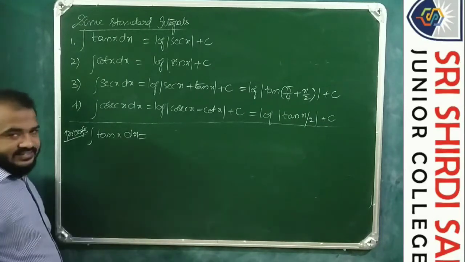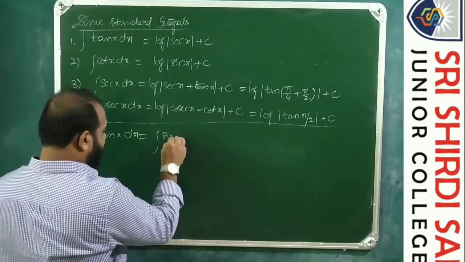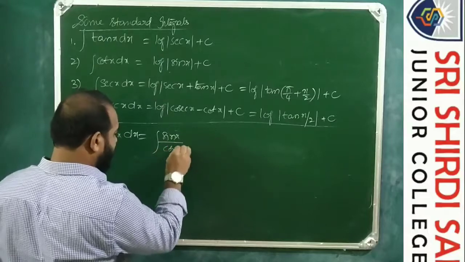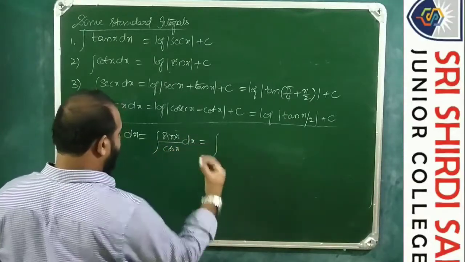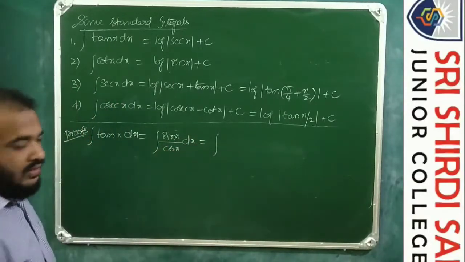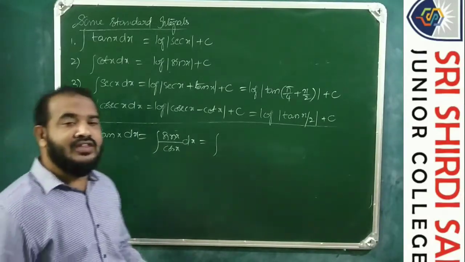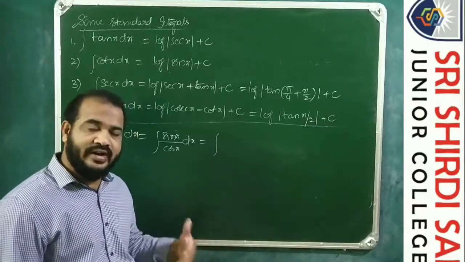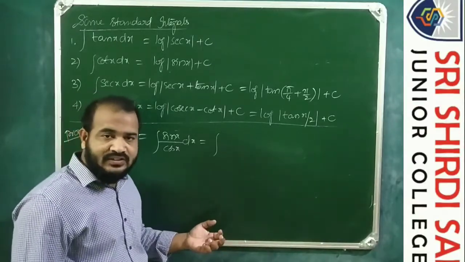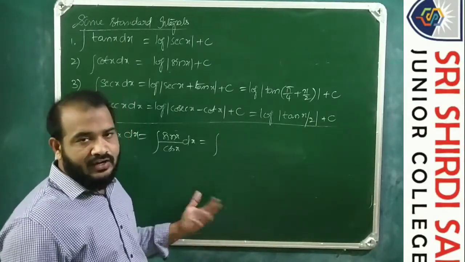So integral tan x dx is equals to, this is sin x by cos x dx. This is equals to, so this can be done in two ways. If you are not familiar with the results, then the straight method, which is a conventional method, we can adopt.